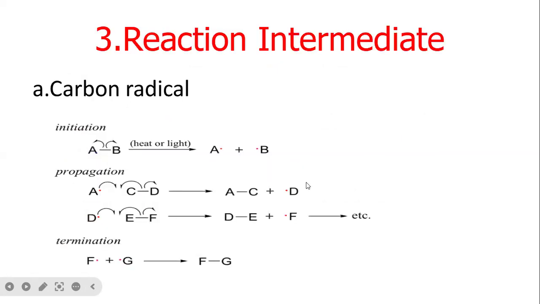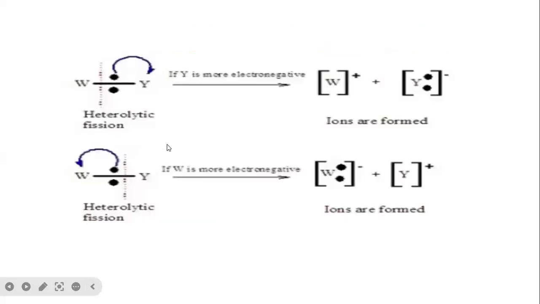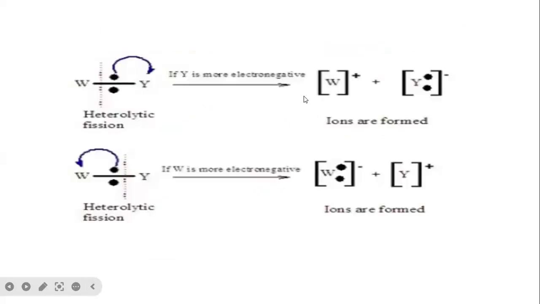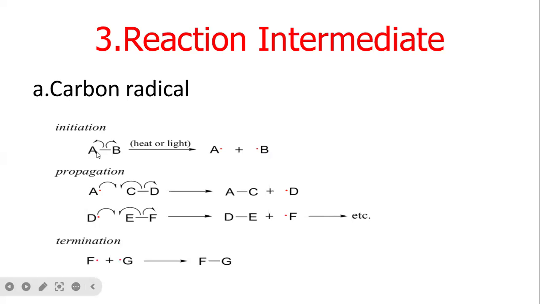Reaction intermediates. This is the homolytic fission, as I have discussed already, heterolytic and similar to homolytic. In this example, A and B have similar electronegativity.